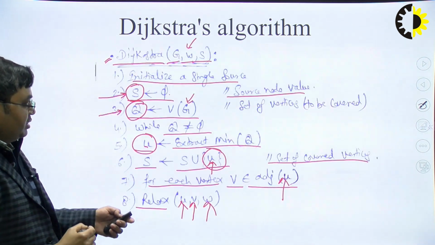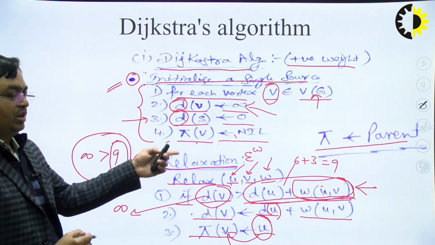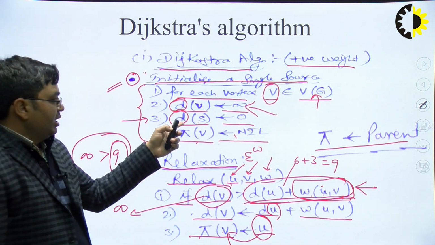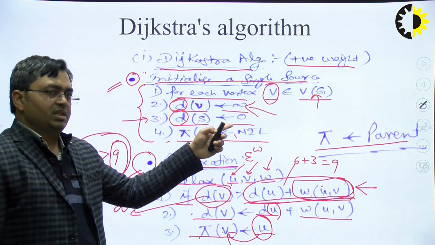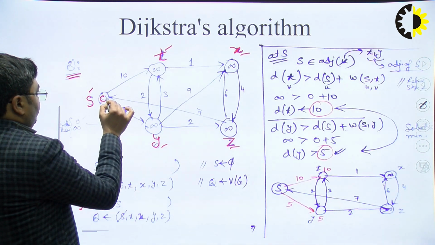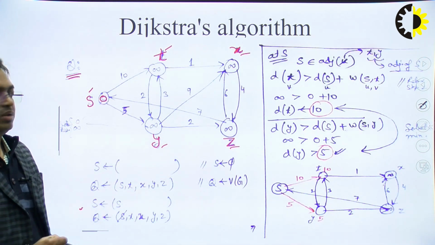In the first step, initialize the source node, we take the distance of S as 0.